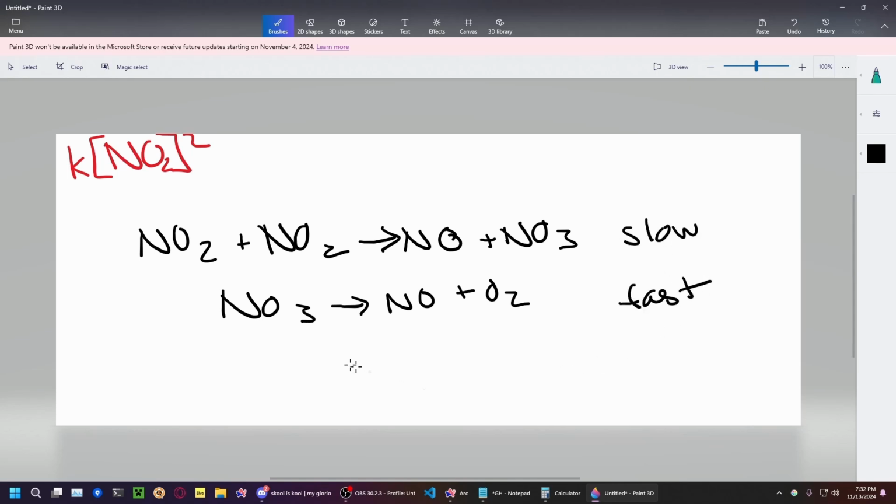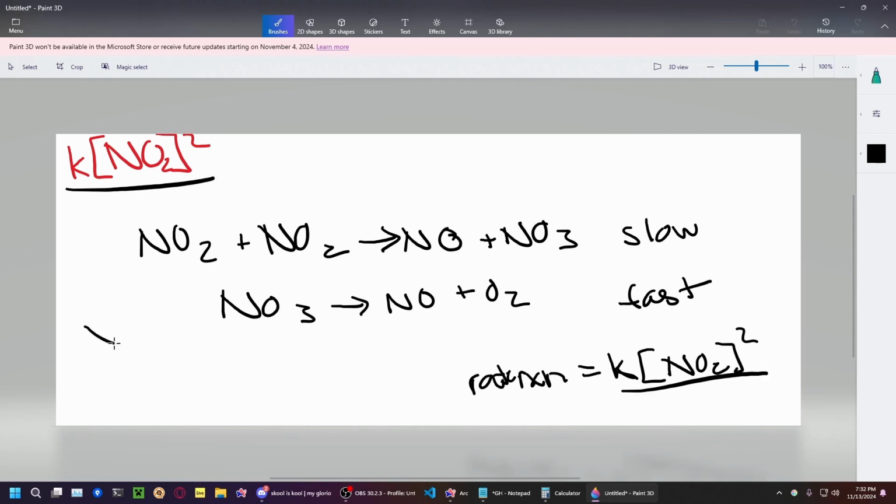If I'm writing out my rate, I'll just say my rate of my reaction is just my constant K times, since this is from the slow step, I'll count how many molecules I have. I have 2, so it'll just be times the concentration of NO2 squared. This matches this, so this is a feasible mechanism. So you just have to see if it matches.